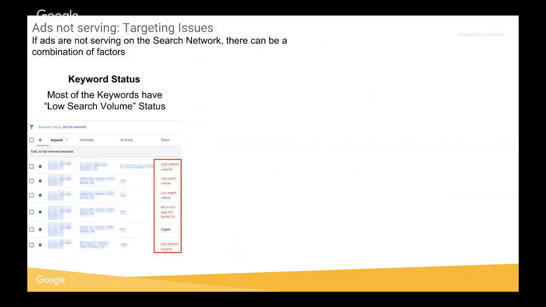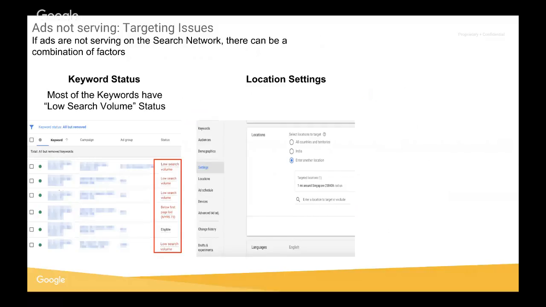Issues could also be with location settings. If you see that the ads are not serving, take a look at the location settings. Is the location too narrow? Sometimes we have advertisers target ads in a very small area. In this example, we have 1 mile around a particular radius. That is a very small target area.